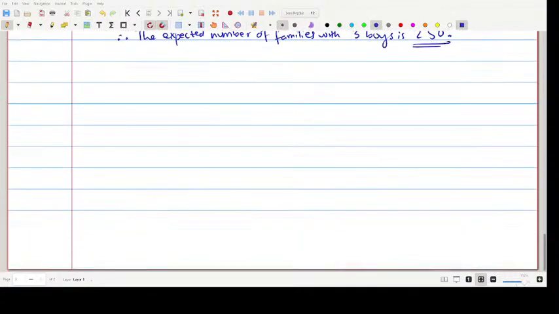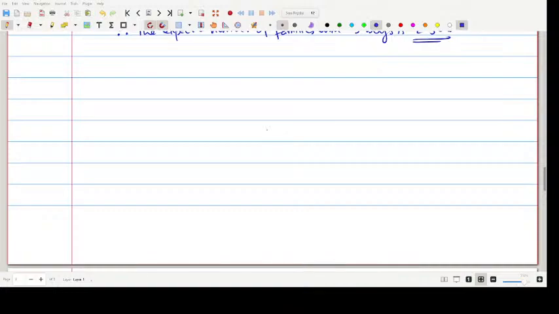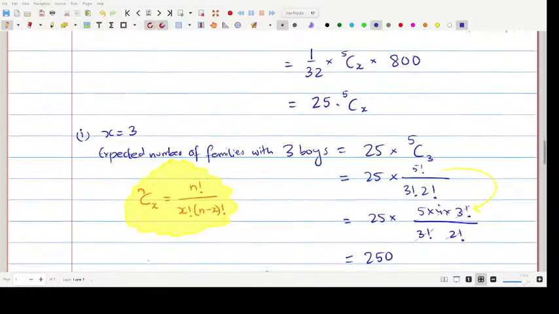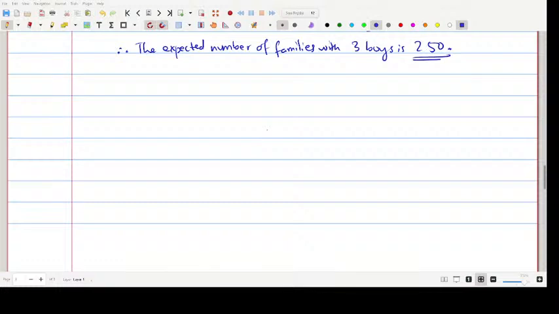So the next question asks us what is the expected number of families with 5 girls. But our formula deals with only boys, right?